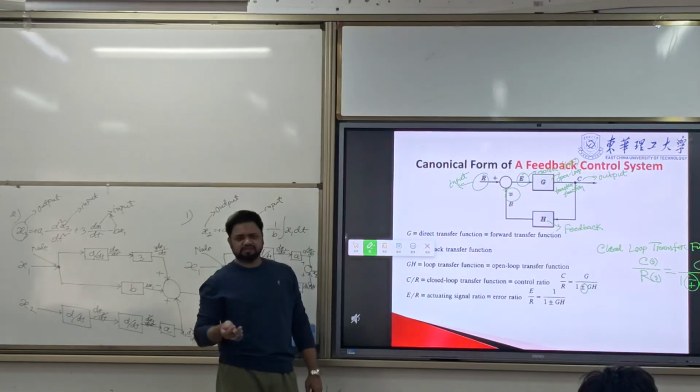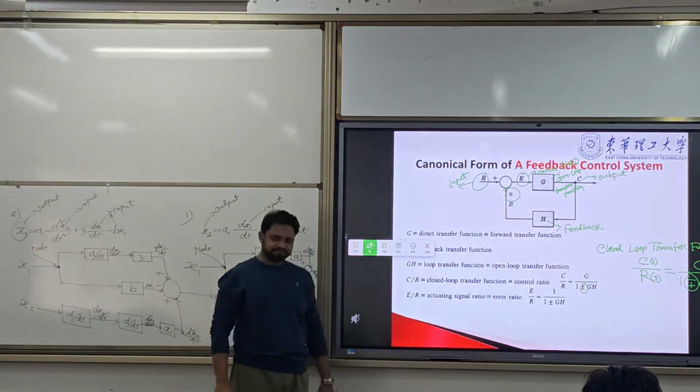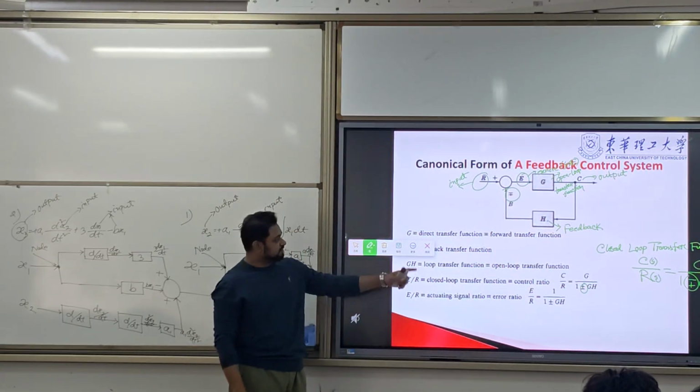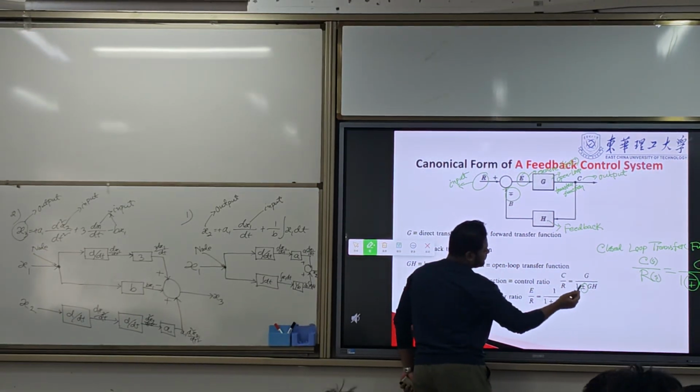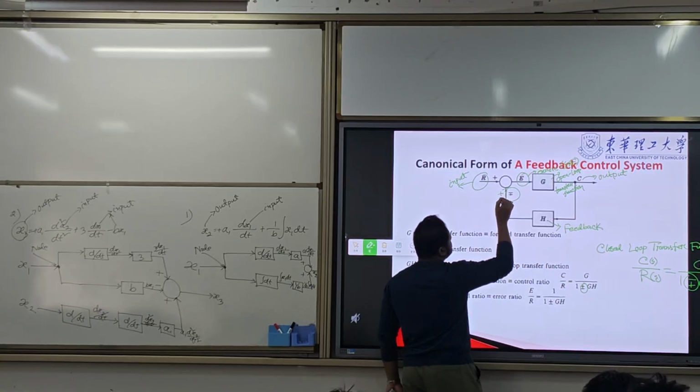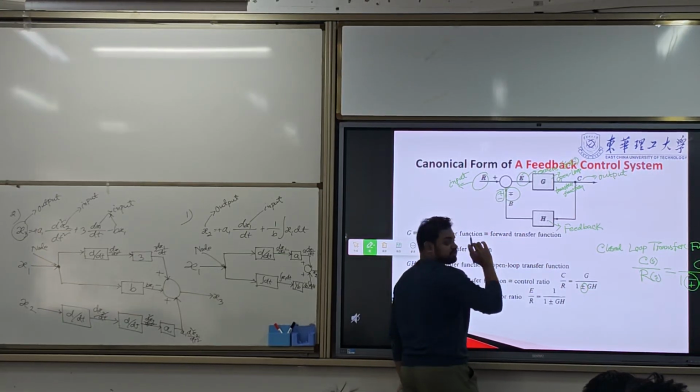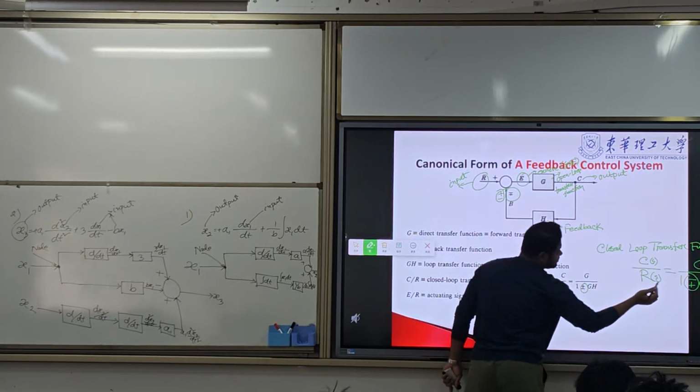If it is minus, then the function will be plus. If it is plus, the function will be minus. Here it is given minus plus, that's why it is written plus minus.